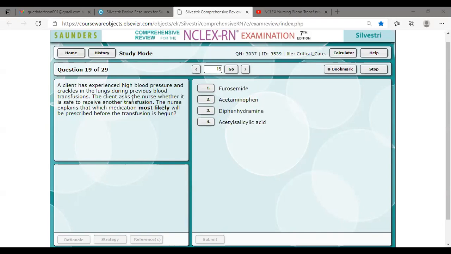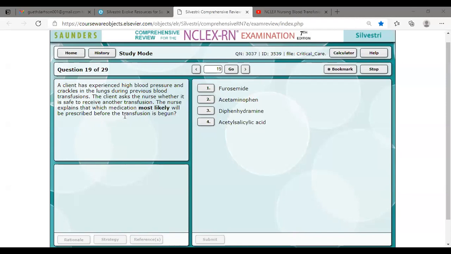That is the question asked, but in this question we did not finish yet. What is the last part? The nurse explains which medication most likely will be prescribed before the transfusion.